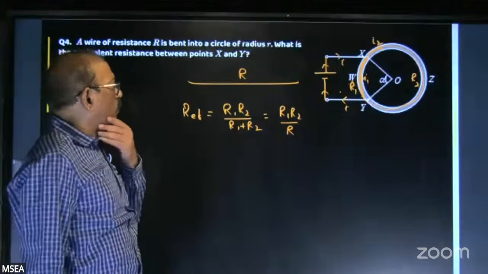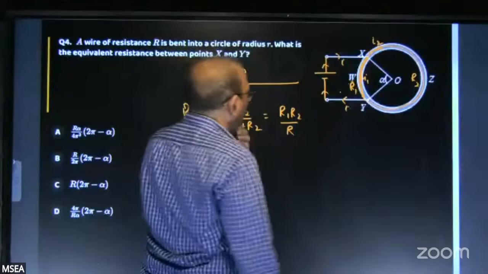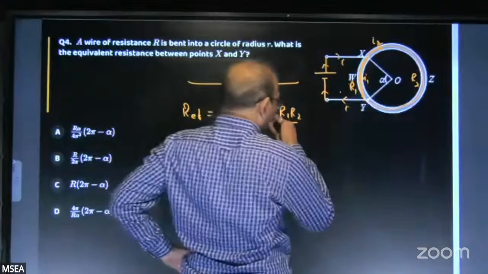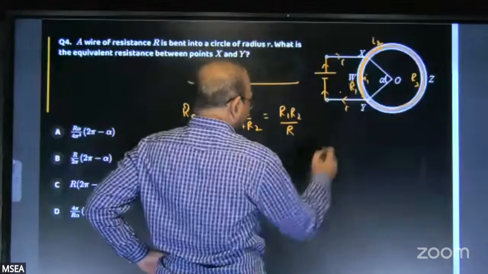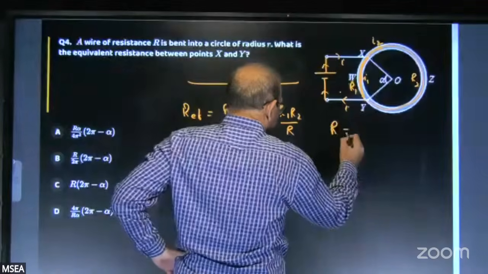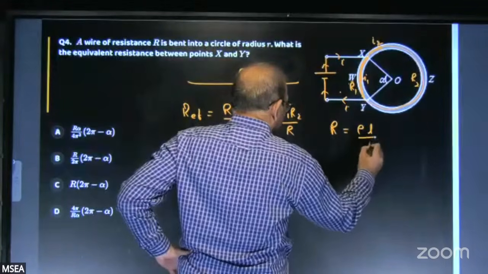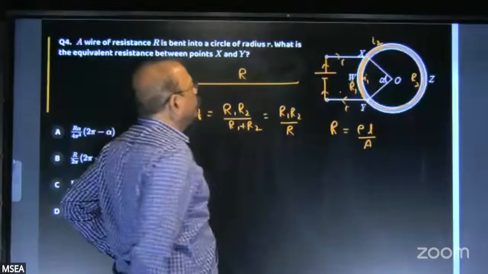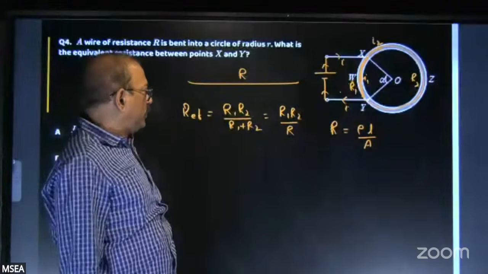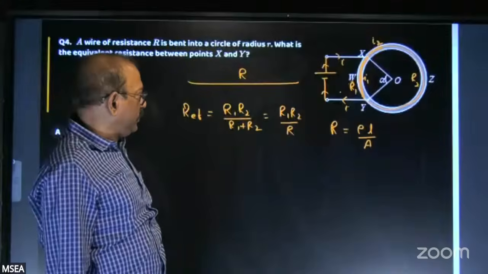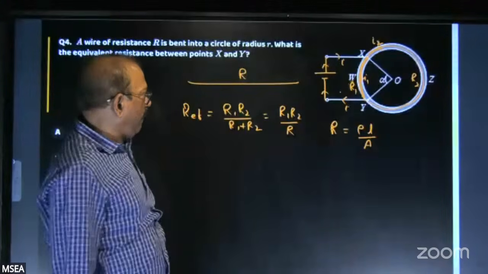What is R1? What is R2? See this? Resistance is rho L by A, where L is the length of the resistor, A is the area of cross section, and rho is resistivity.